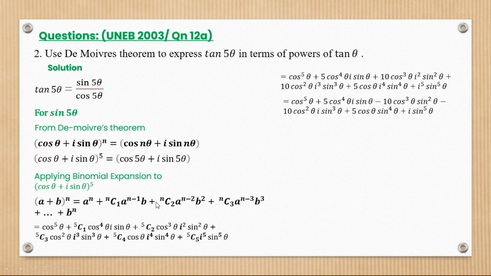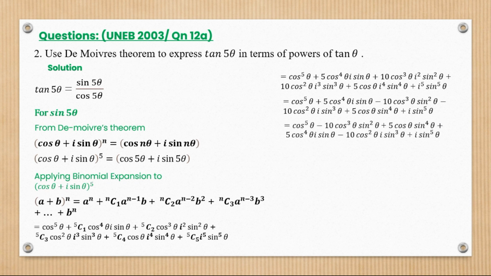But before we do that, we can see that i squared is negative 1, i cubed is going to give us a negative i, and i to the power 4 is the same as a positive 1, so it basically disappears. So i to the power 5 is the same as 1 times i, which is i sin 5 theta. So that's what we are left with.